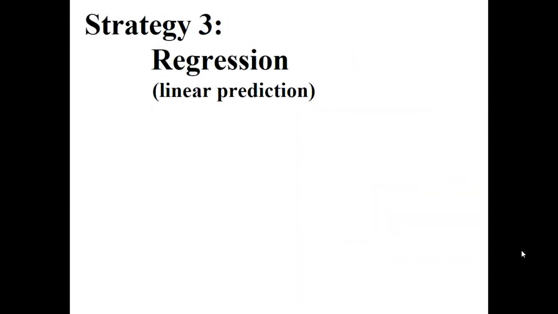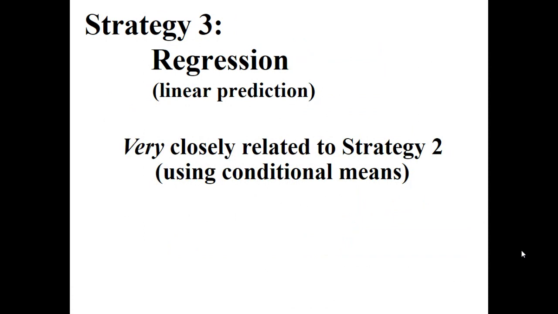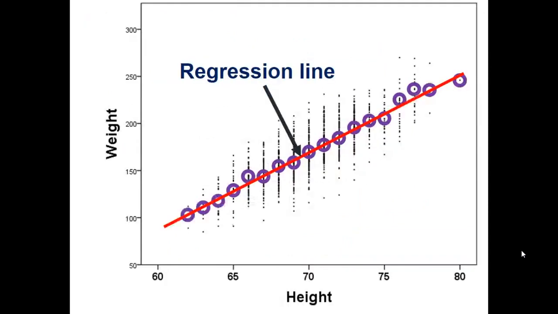Now, the third estimation strategy discussed in the last lecture was regression. Regression is very closely related to the strategy of using the conditional means. The regression line is a line that is drawn to be as close as possible to the conditional means.